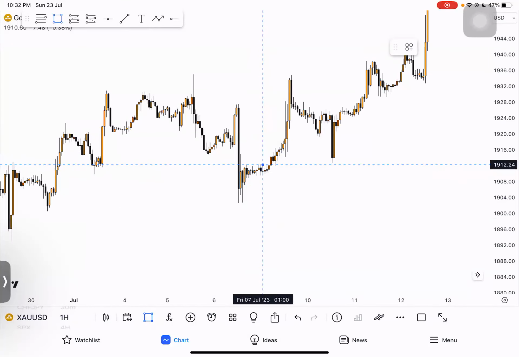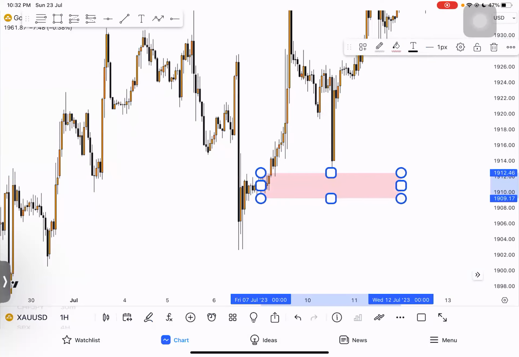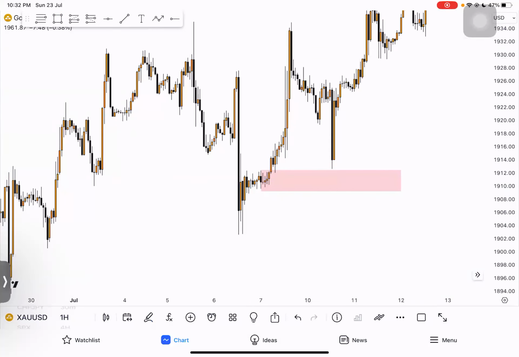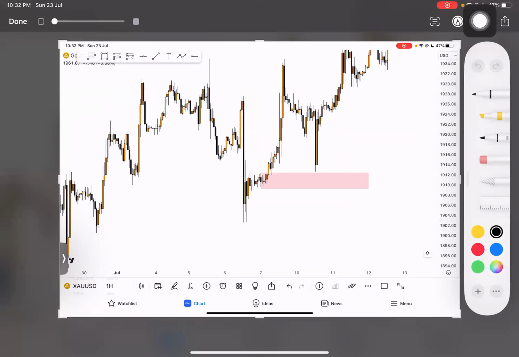Okay, so this one you can see as a rally base rally. You can see this is the rally, and then base, rally. Then it will pull back. This is the rejection, and then you can enter right there. Can see or not? This one is a rally base rally.